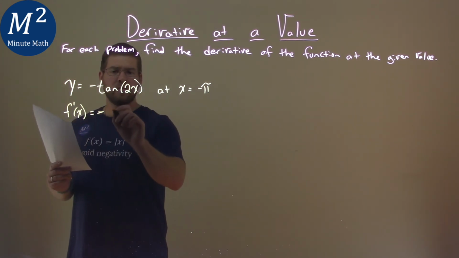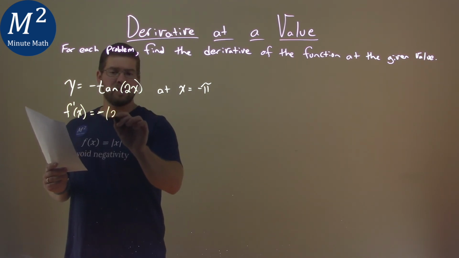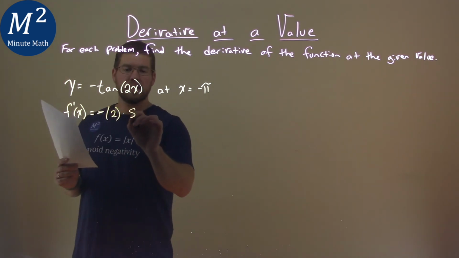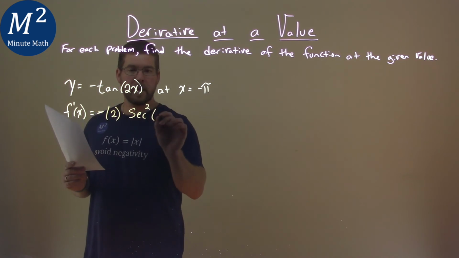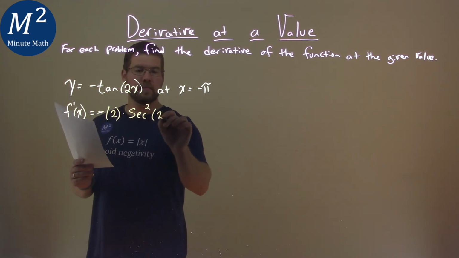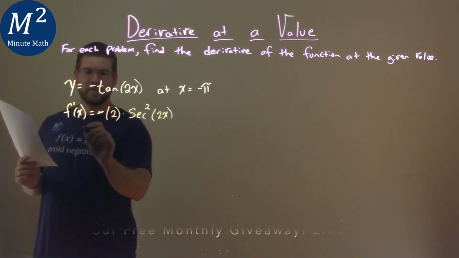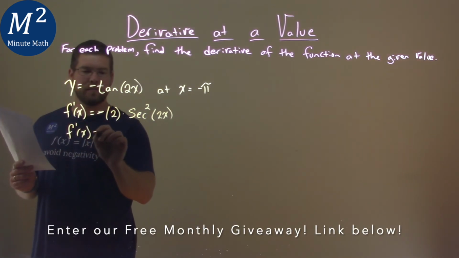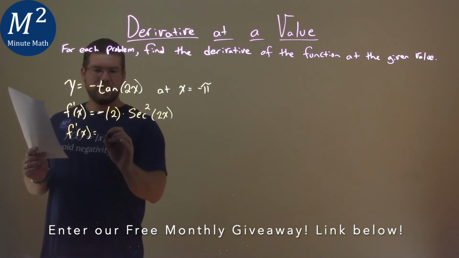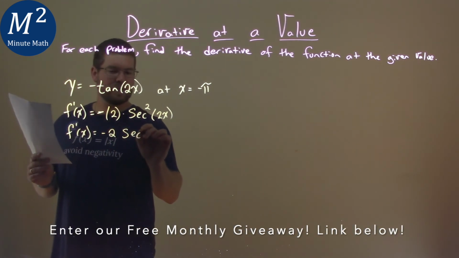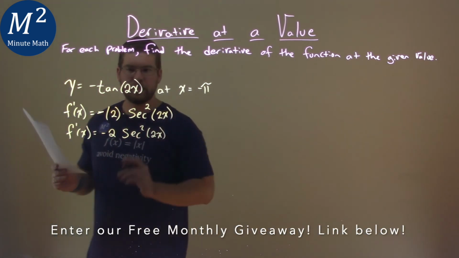So the derivative of the inside, 2x, is just a 2, times the secant squared of the inside, 2x. Simplify this out slightly here, and we really just have an f prime of x, getting rid of our parentheses here, as negative 2 secant squared of 2x.